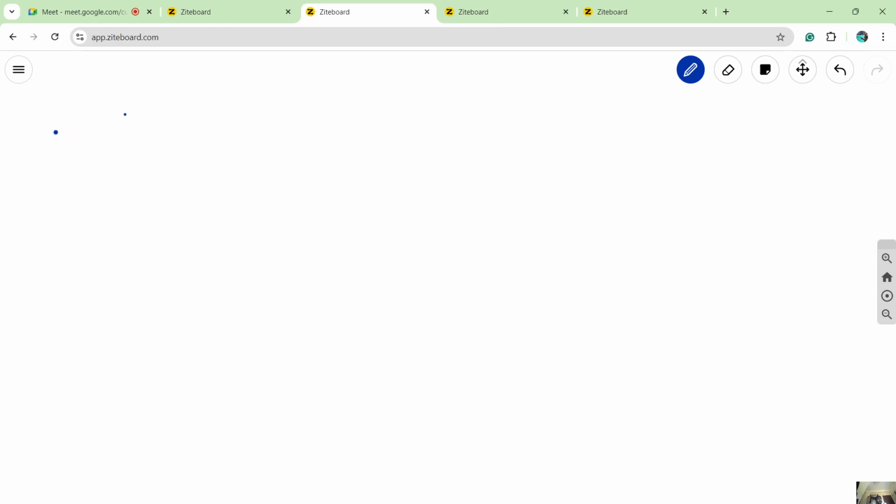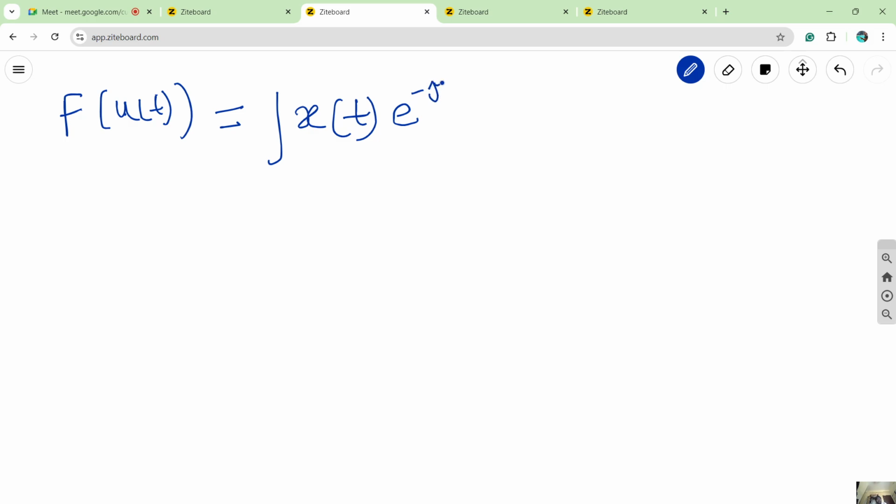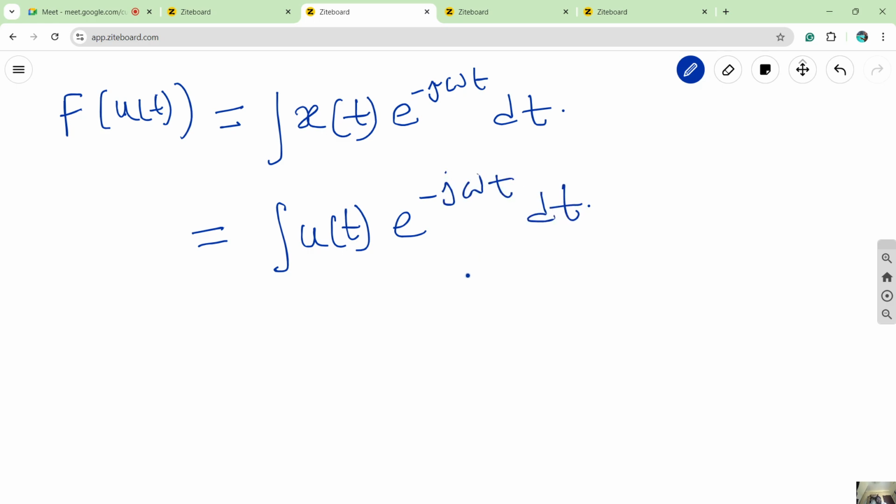So basically we can write the Fourier transformation of u(t) as the integral of the signal x(t) e to the power minus j omega t dt. For our case it is u(t) e to the power minus j omega t dt.